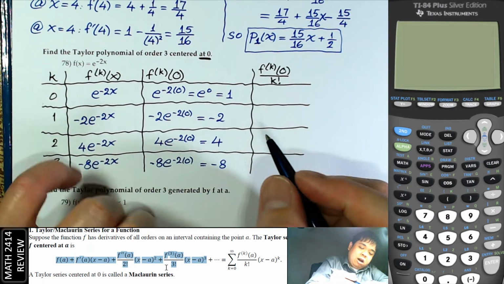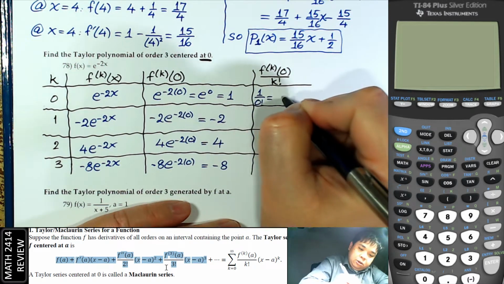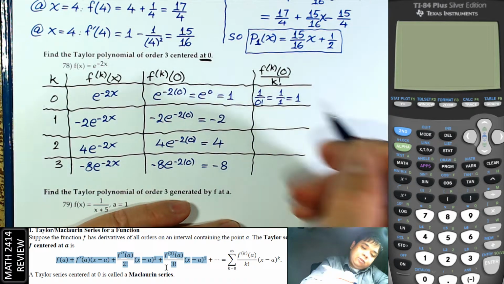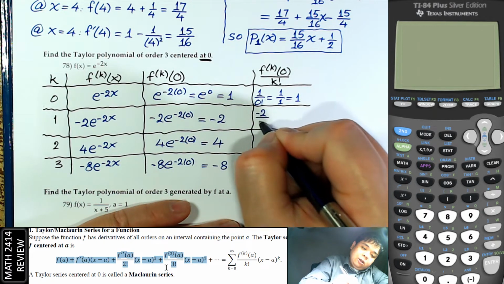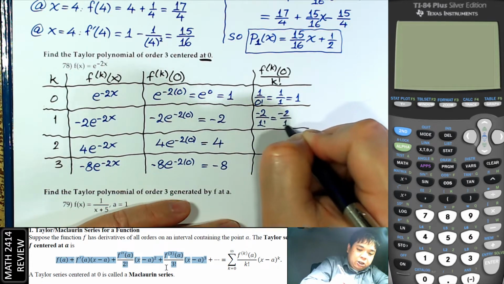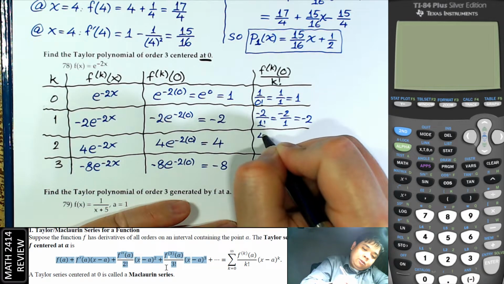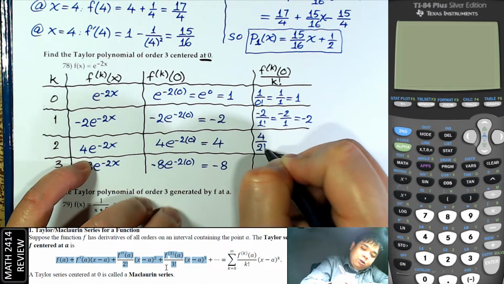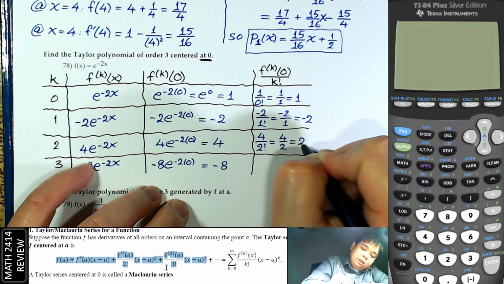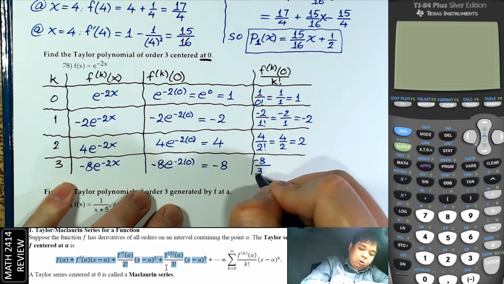We divide that by k factorial. 0 factorial is 1. 1 factorial is also 1. And 2 factorial is 2. And 3 factorial is 6.